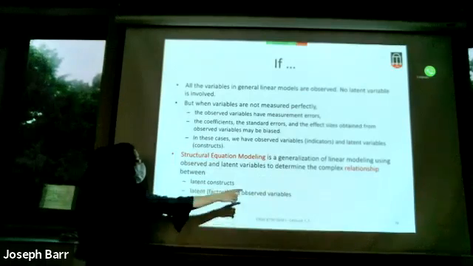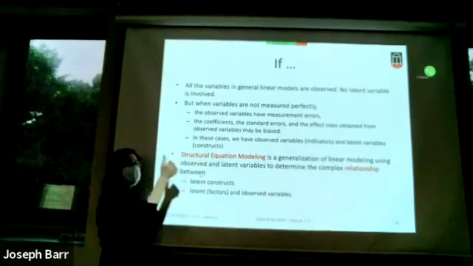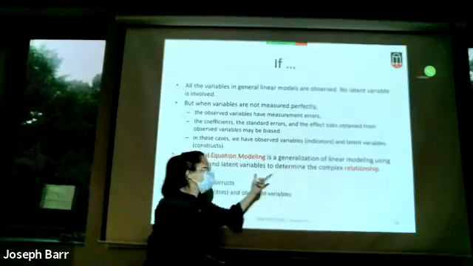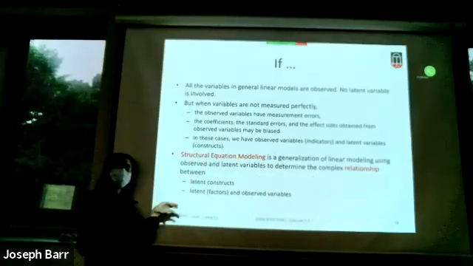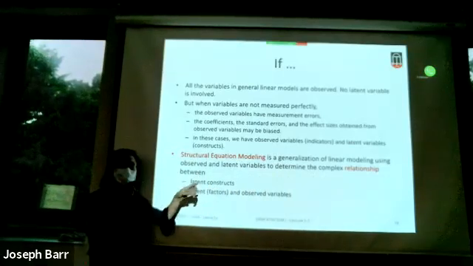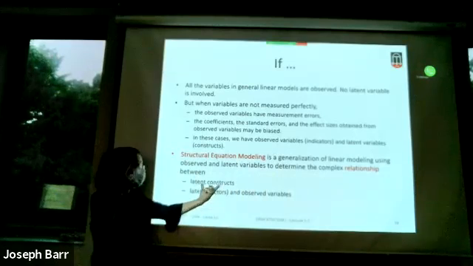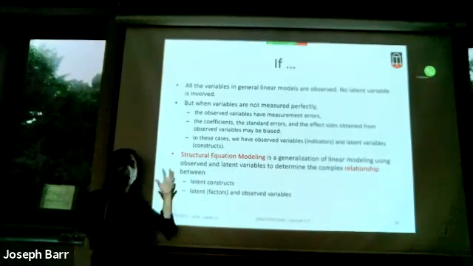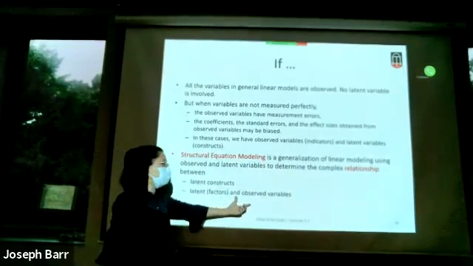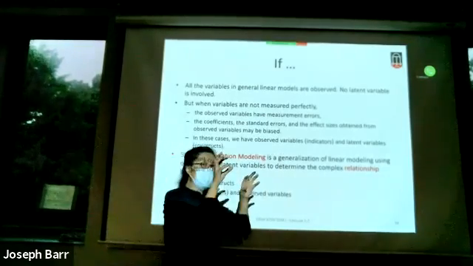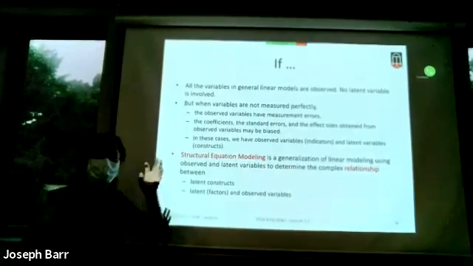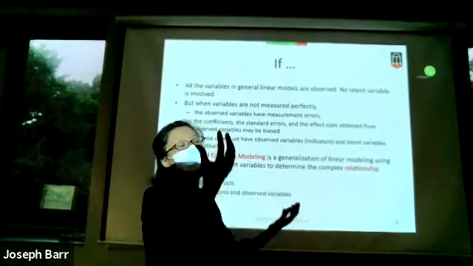SEM is more general, using observed variables and latent variables together to determine the complex relationships between all of these variables. Between latent constructs, sometimes we call them factors. We use constructs or factors as our latent variables: latent factors and observed variables. We just draw different lines to connect these variables.